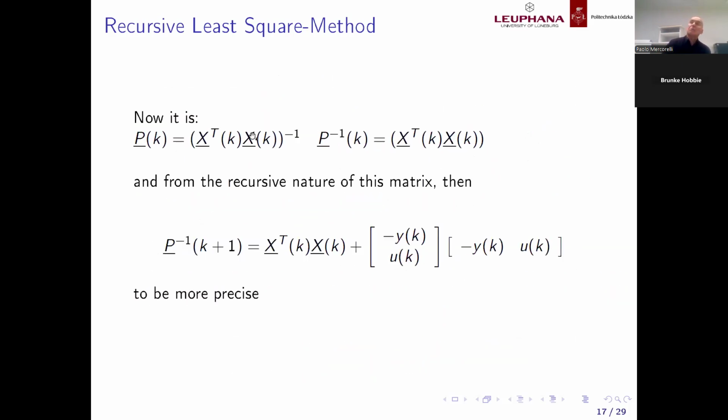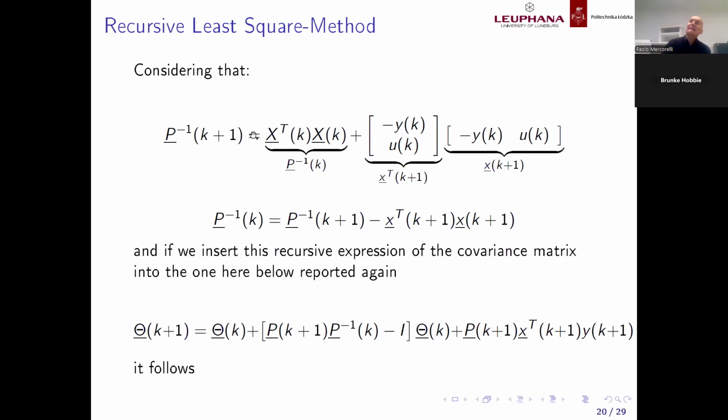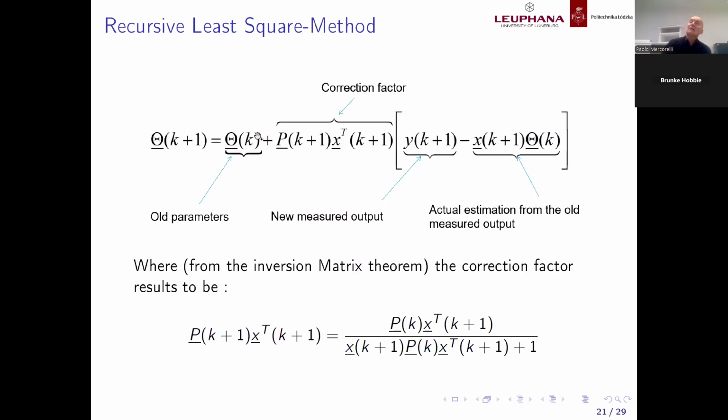At the end of my boring algebraic calculation last time, we saw that we can use this expression in order to estimate the vector theta, which includes theta 1 and theta 2.